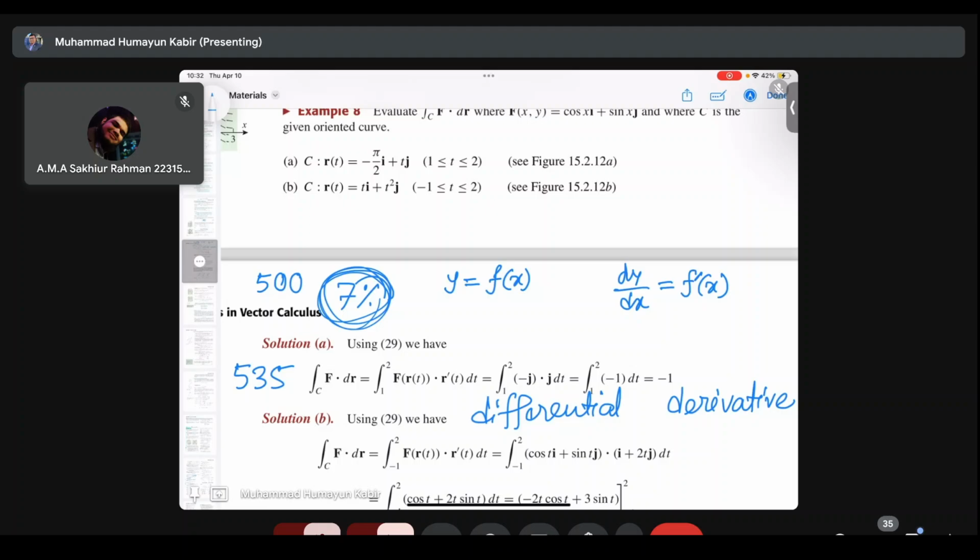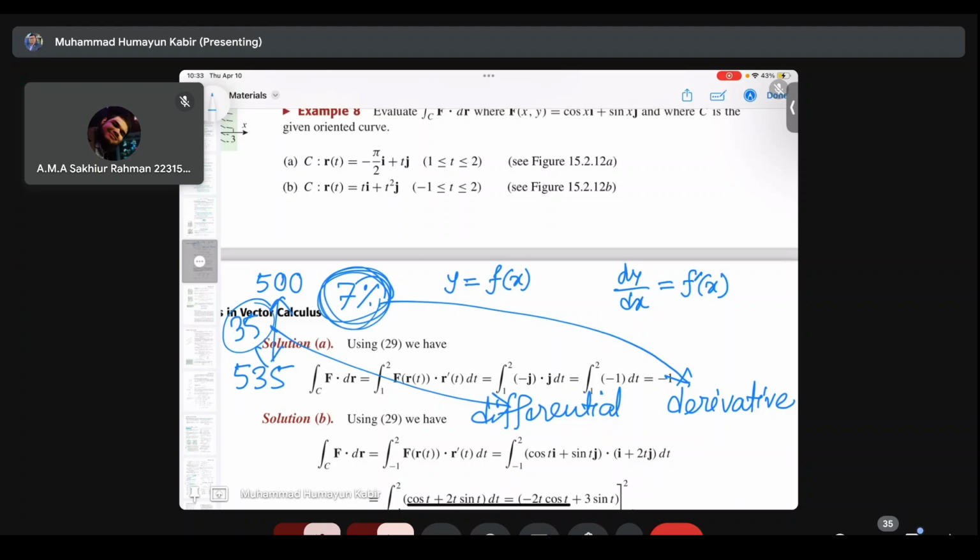So what is the change? 35. This 35 is the amount of change, right? And this 7% is the derivative, and this 35 is the differential. So a big difference. Derivative is the rate of change, differential is the amount of change. Different meanings. Understood?